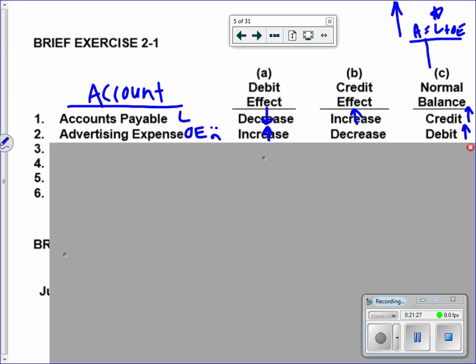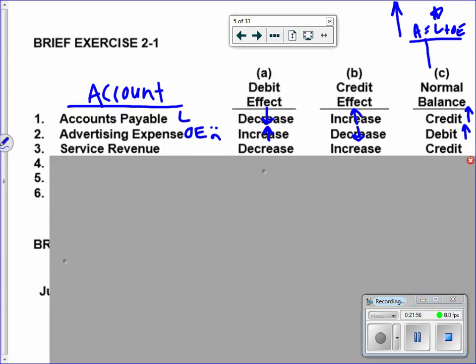Opposite of the normal balance side, in this case it's debit, will be the credit. Think of it as assets' evil cousin, because it offsets OE. If when we had an advertising expense we'd credit it because it's under OE, it would actually make the worth go up, and that's not true. It makes it go down.